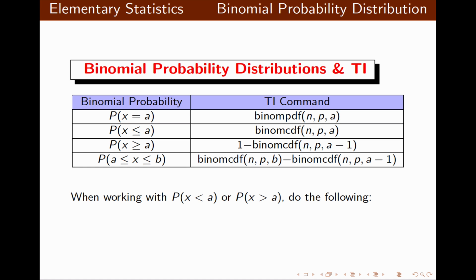And once again, when working with the probability that x is less than a or x is greater than a, we do the following. When x is less than a, that's equivalent to x is less than or equal to a minus 1. And when x is greater than a, that's equivalent to x is greater than or equal to a plus 1.